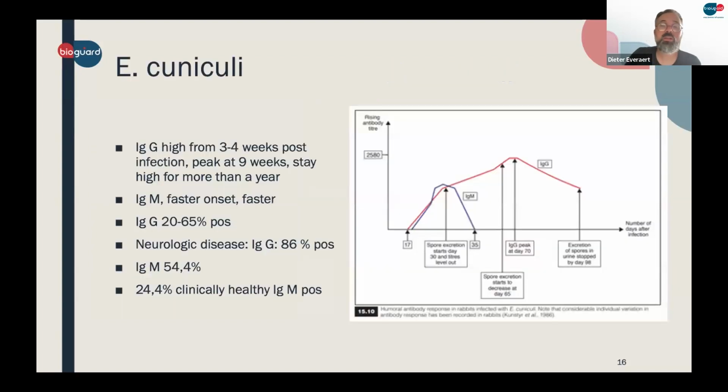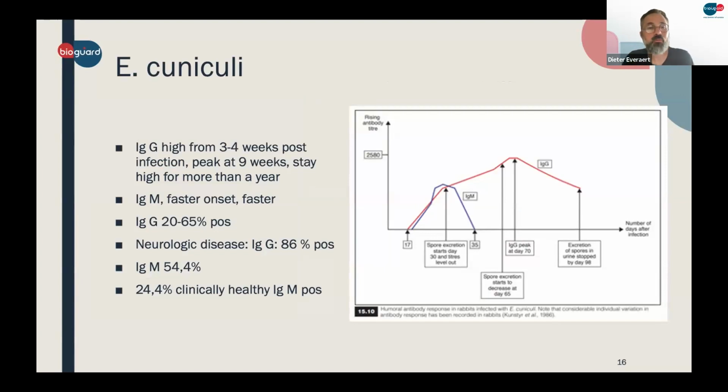So the E. cuniculi serology: IgG is high from 3 to 4 weeks post-infection, it peaks at 9 weeks, and it stays high for more than a year. So that's why it's really not helpful to rule out an active infection.